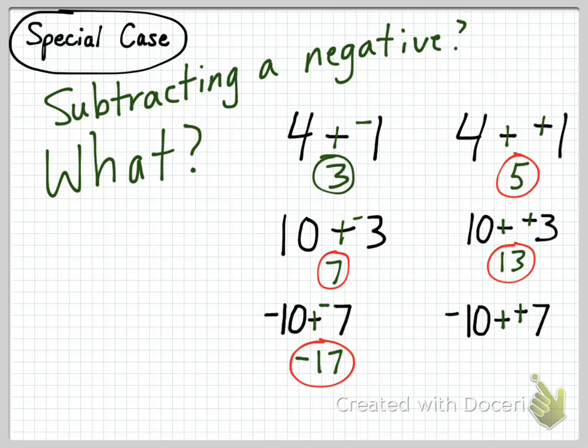Okay, -10 plus +7, lose 10 yards on first down, gain 7 of them back. 10 minus 7 is 3, but the negative is bigger on the bigger number, so you end up losing 3 yards total.